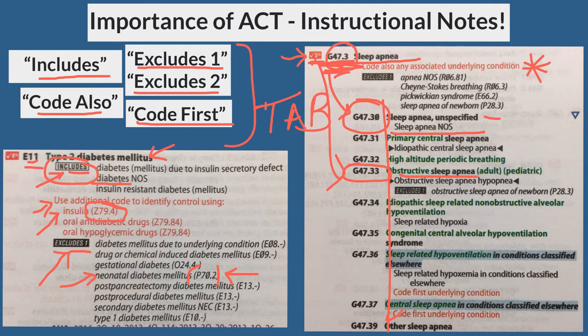We would code not only the G47 code, but we would also need to pull in that COPD code as well. We also have an excludes one note here. So if there was sleep apnea of a newborn documented, again, that's not going to be coded at G47. It's going to be coded to P28.3. So again, just showing you the importance of checking that tabular list.